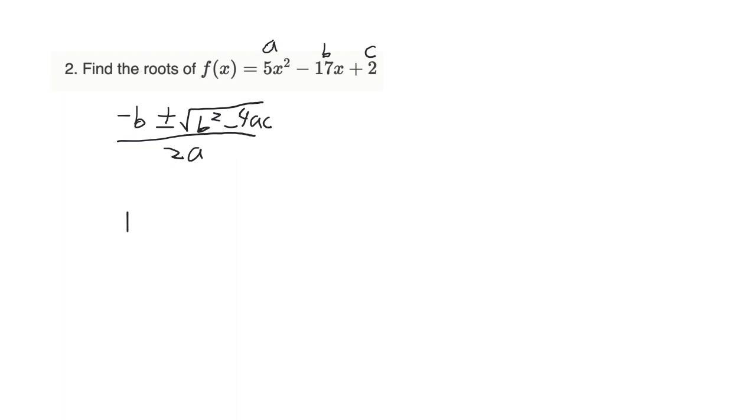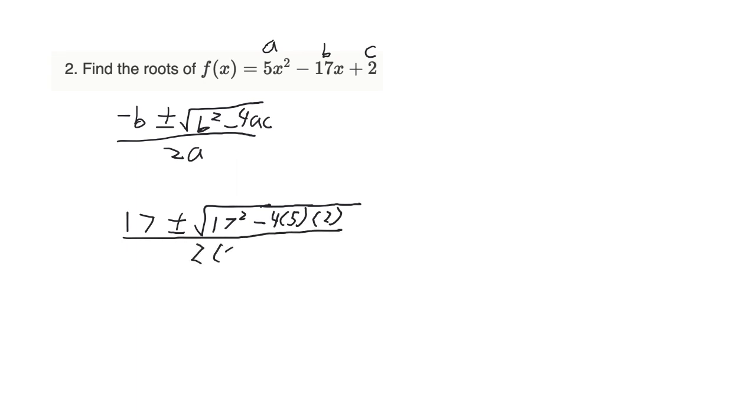So we get 17 plus or minus the square root of b squared, which is 17 squared, minus 4 times a, which is 5, times c, which is 2, all over 2 times 5.